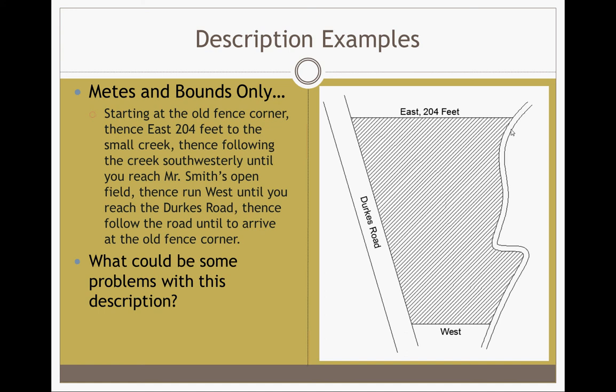At that point, then you make a run west to reach the Dirks Road, and thence follow the road until you arrive at the old fence corner. First of all, we don't know where the old fence corner is. We're really not sure who Mr. Smith is, and do we know that the creek hasn't moved?